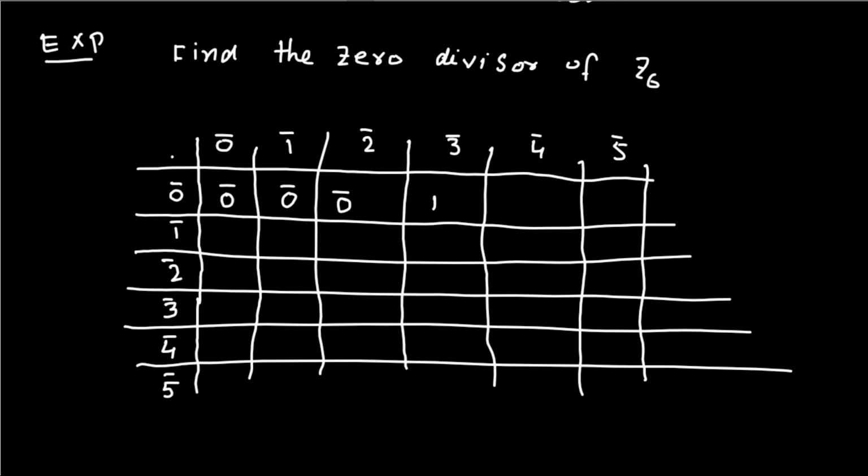Now 0 multiplied by 0, and 0 multiplied by 1: when we multiply by 0, all the elements should be 0.